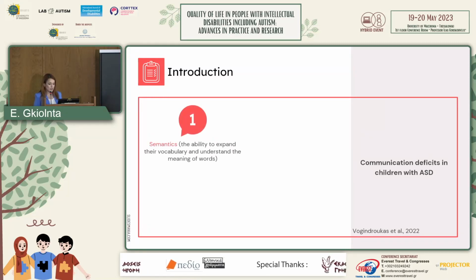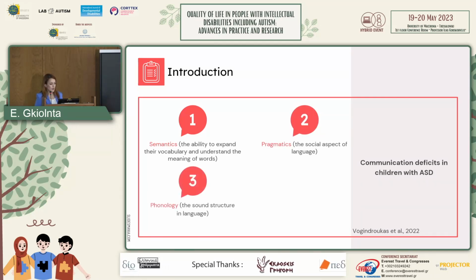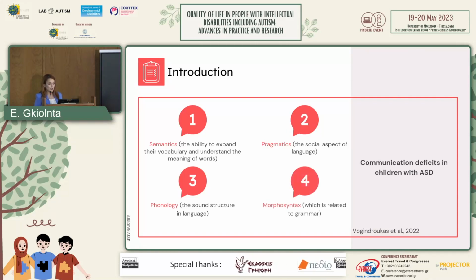Communication deficits in children with ASD appear in the area of semantics, the ability to expand their vocabulary and understand the meaning of words; pragmatics, which is the social aspect of language; phonology, the sound structure in language; and morphosyntax, which is more related to grammar.